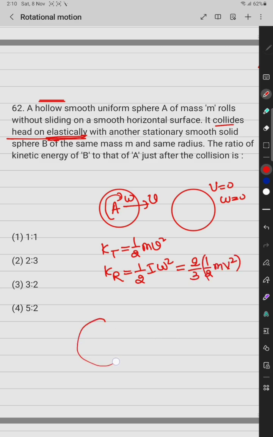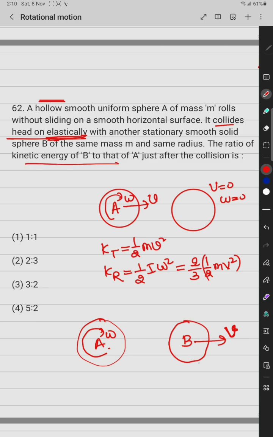Now when A collides head-on with B, then omega will be present in A, but the velocity completely transfers by momentum to the second body. Then we can say the kinetic energy just after the collision, the kinetic energy of B is half mv square.